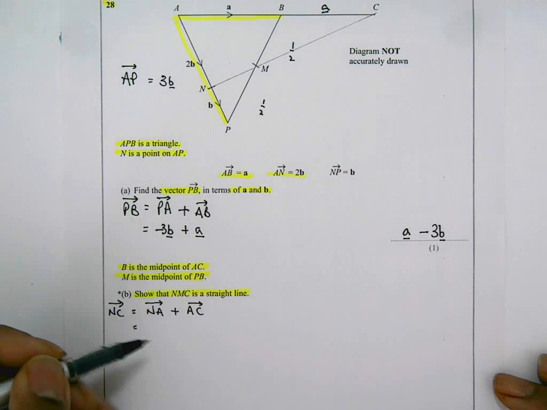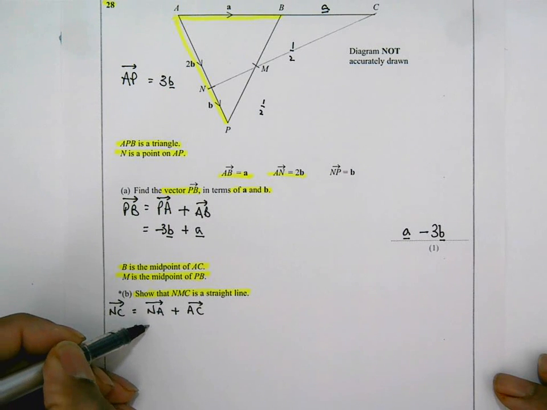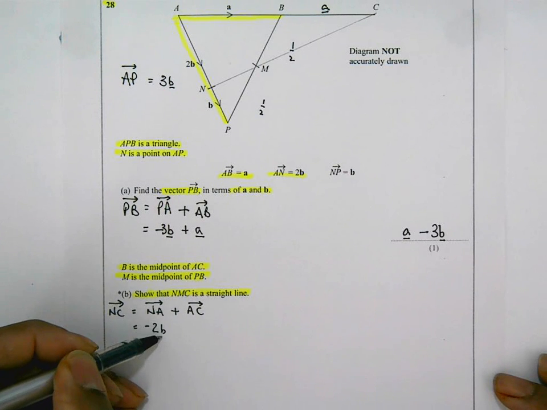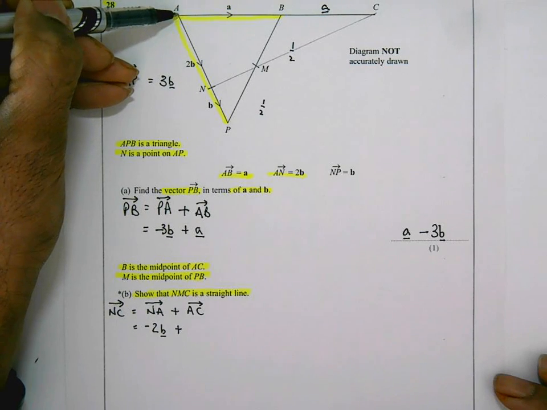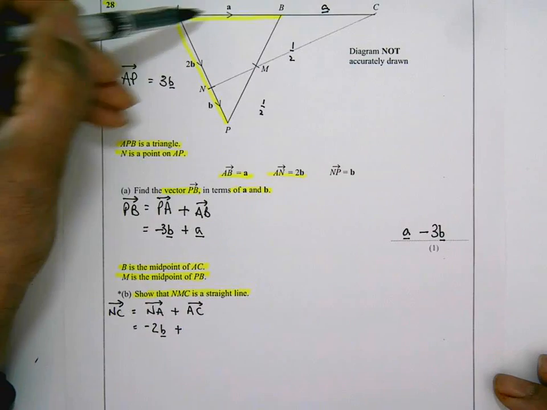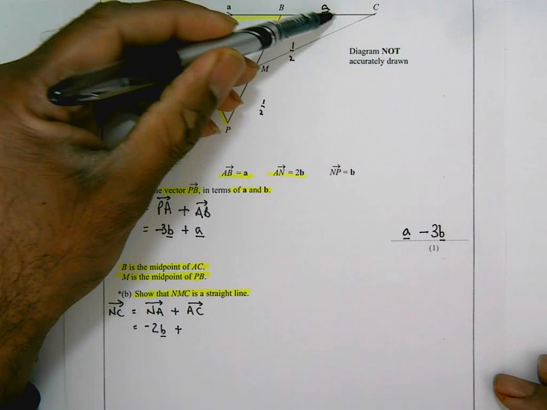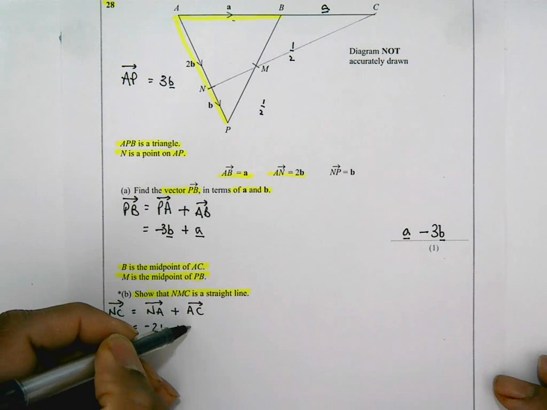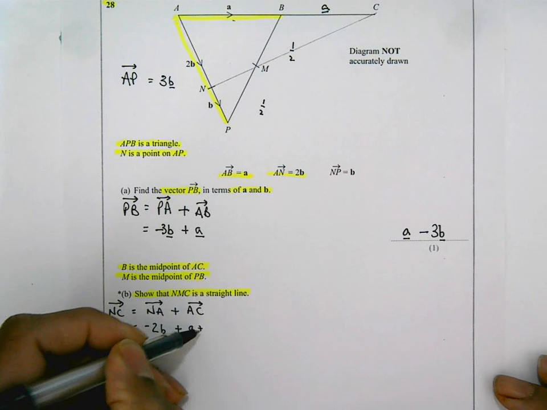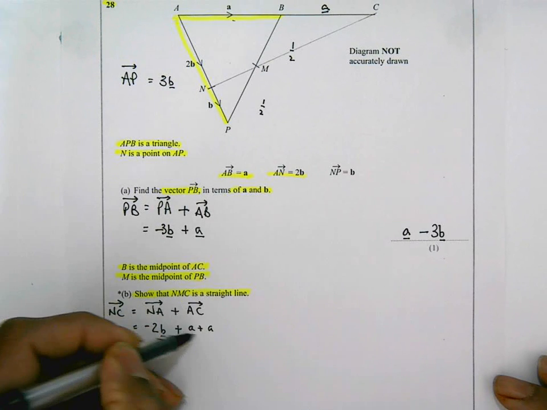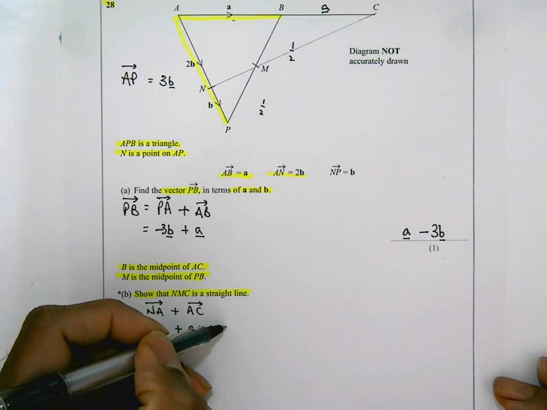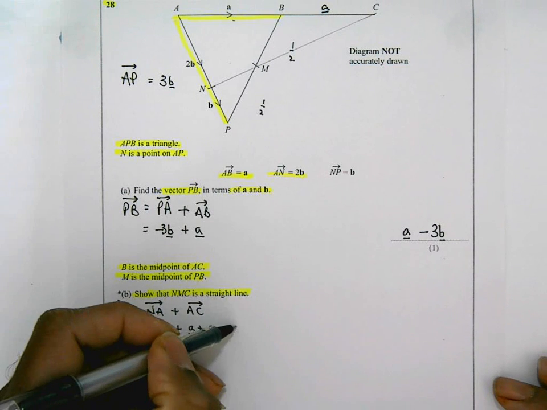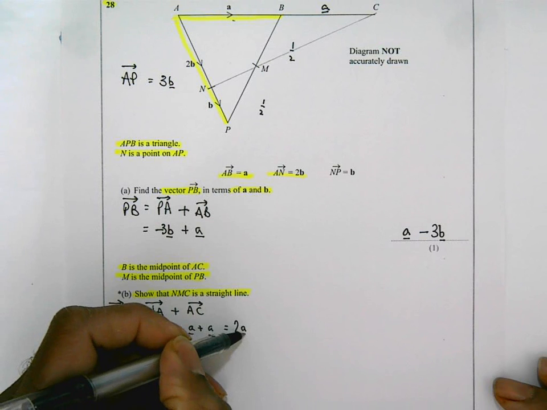So it's minus 2B. And A to C, if I want to travel all the way across from A to C, it's going to be A plus another A. So A plus A. What that works out to be, and I'm going to write the positive thing first, is 2A minus 2B.